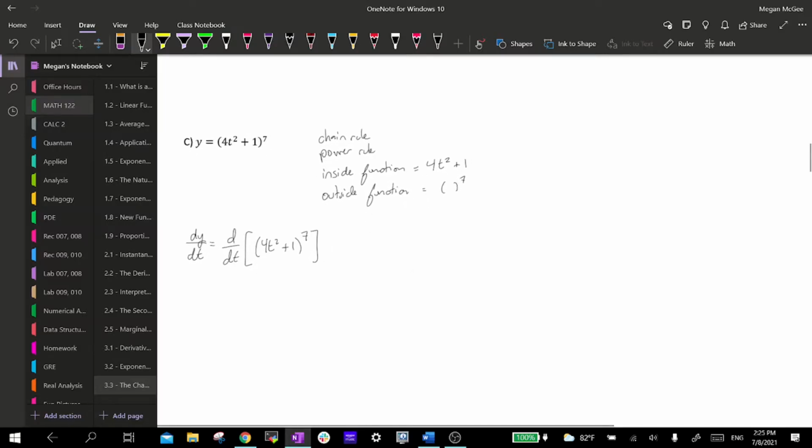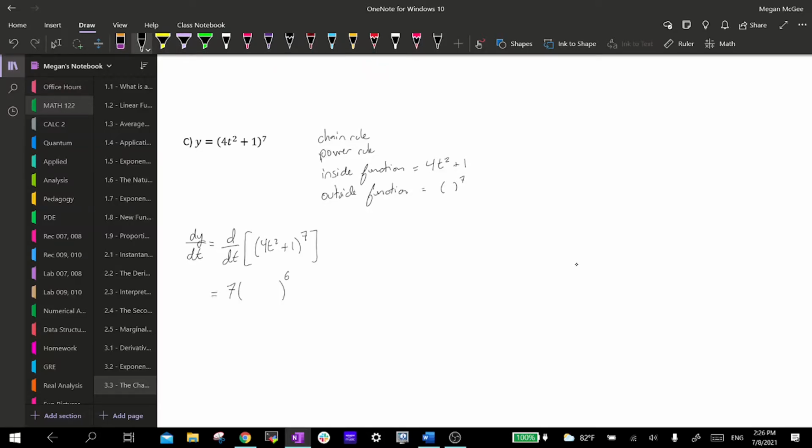So first we need our derivative of the outside function. So this is just a power rule. We bring down the 7, and then we raise it to 7 minus 1, which is 6, right? That's a power rule.